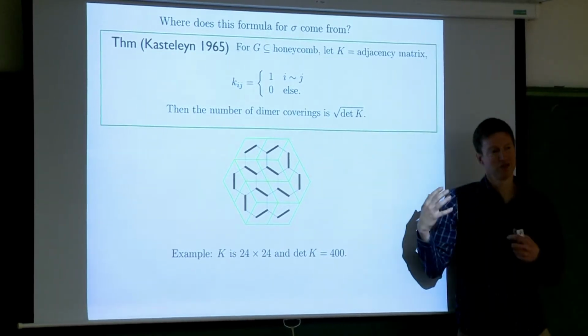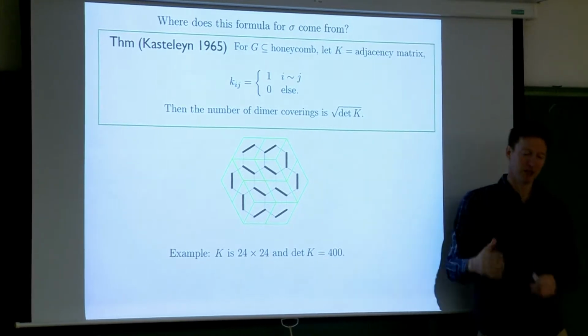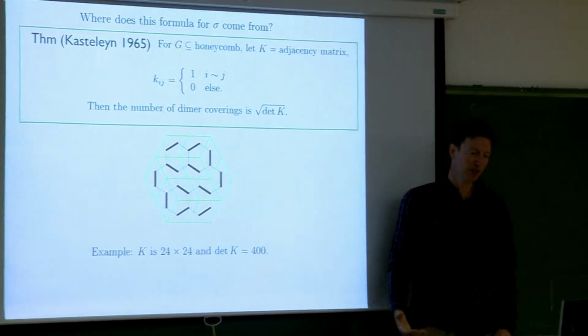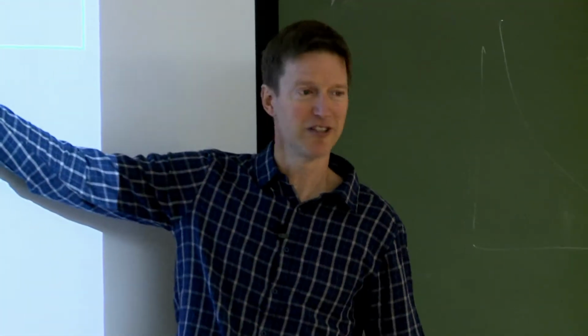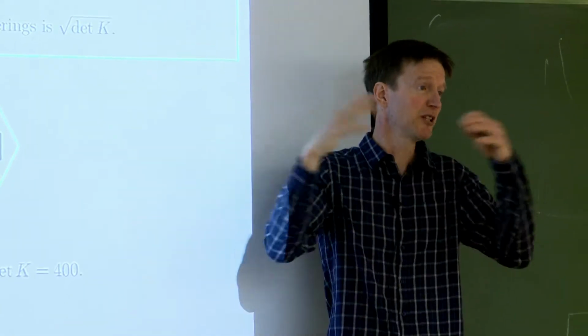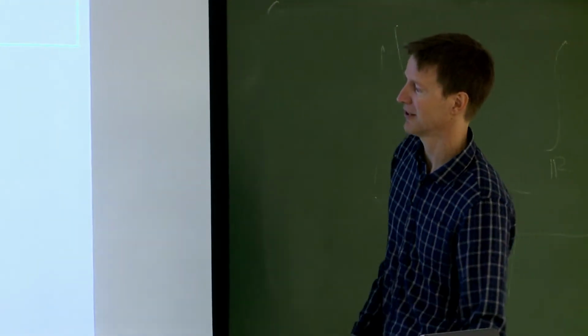This combinatorial fact is what allows us to get all those formulas, right? If I have a big region, I want to count the number of configurations or compute the exponential growth rate. This theorem turns it into a linear algebra problem. I have to compute some determinant of the adjacency matrix of the underlying graph. That's why we can do all these calculations.